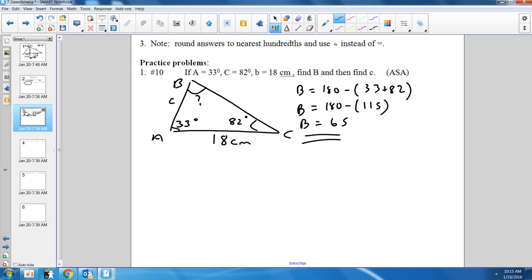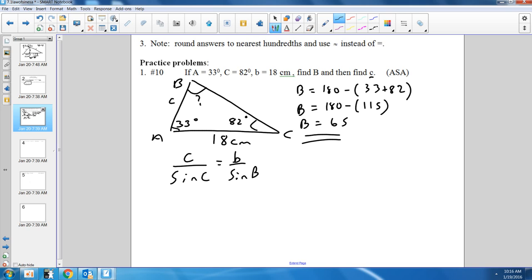Now, this is kind of an important point. I always like to start with what I'm trying to find. If I want to find C, I'm going to write down C over the sine of C equals B over the sine of angle B. I put that first because now solving it is going to be a lot easier.